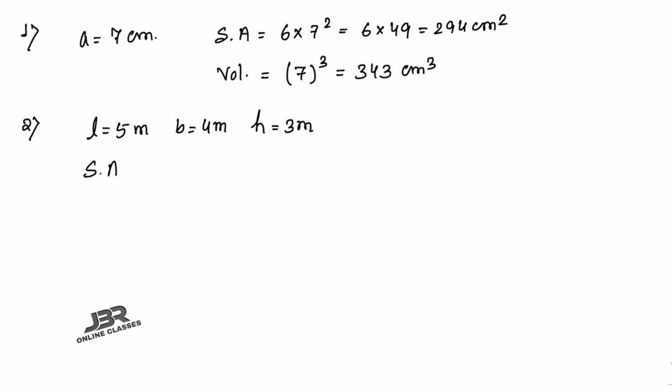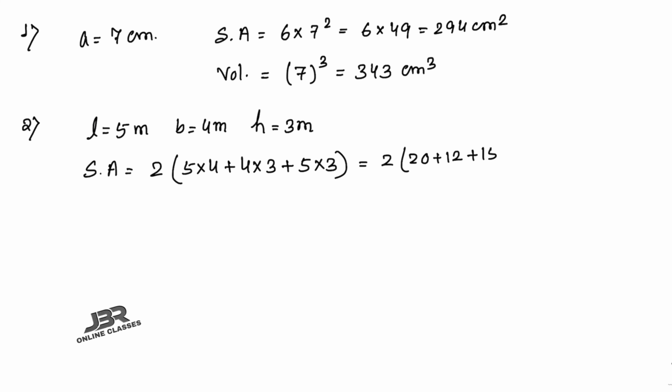Surface area, you know the formula 2 into (LB + BH + LH), so 20 plus 12 plus 15, meter square. 47 into 2 is 94 meter square. And the volume equals L into B into H, which is 60 meter cube as your answer.